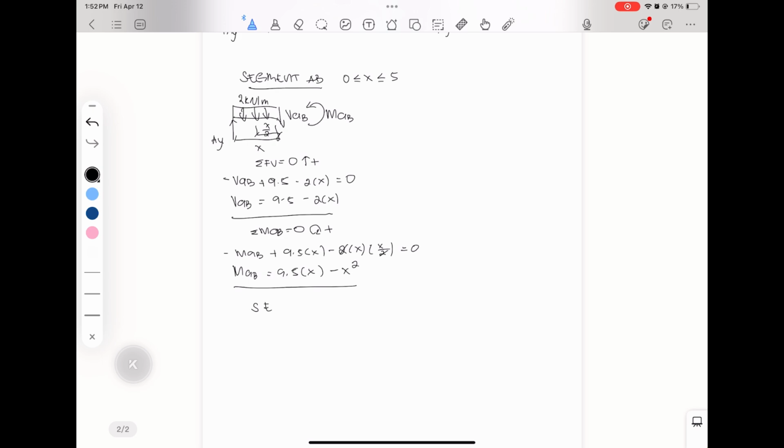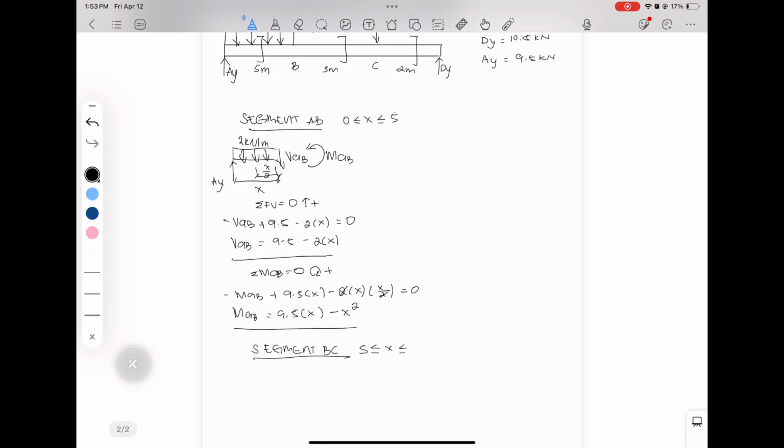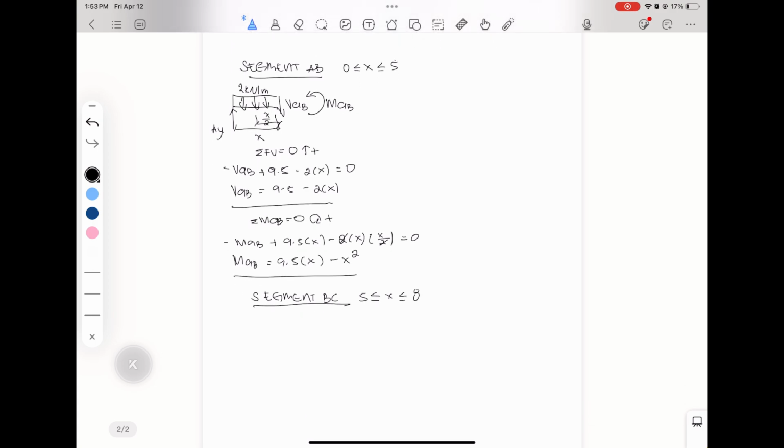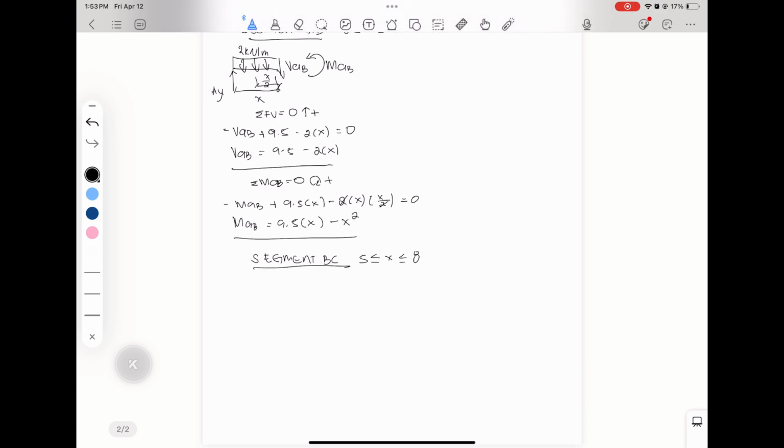Now for segment BC, we will just start at the last number here. So it's 5 less than or equal to x less than or equal to 5 plus the distance here, which is 3 meters, so it's 8. And then here we have to draw the FBD again.